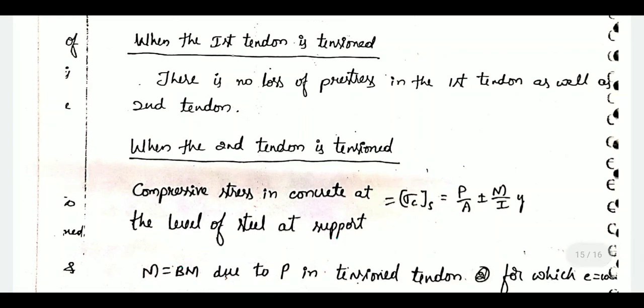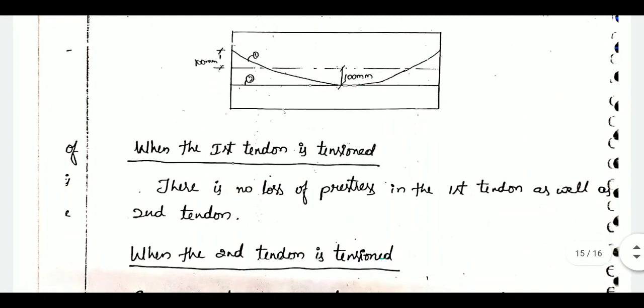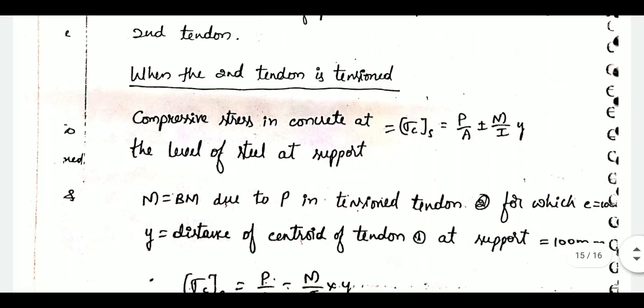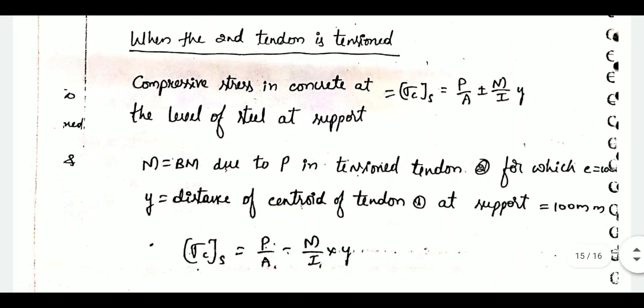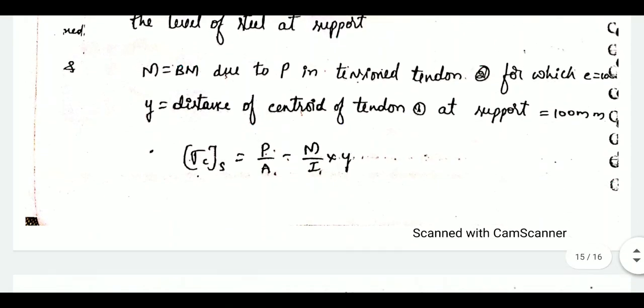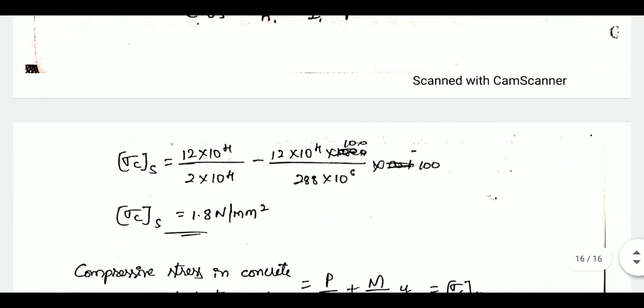When you tension the second tendon, here you should be very careful. For the bending moment due to pre-stress, the tension in the tendon P into E value will be 100 mm for the straight tendon and Y will be 100 for the parabolic tendon, but at support we have the first tendon above the centroidal axis, so P by A minus M by I into Y. We will get sigma C at support.